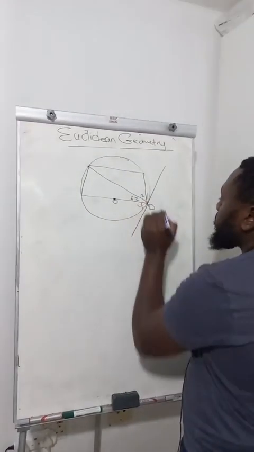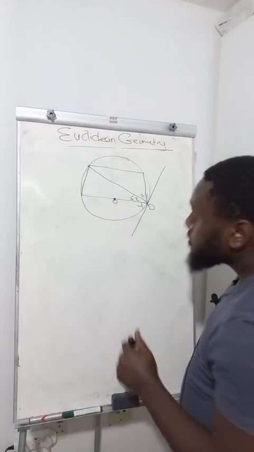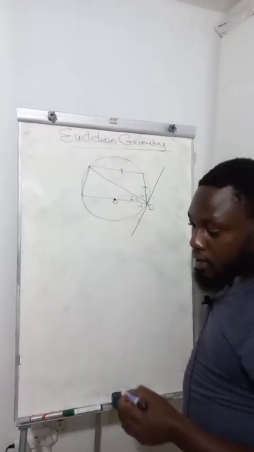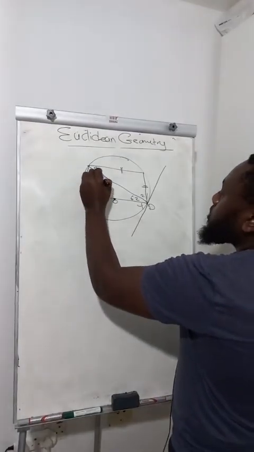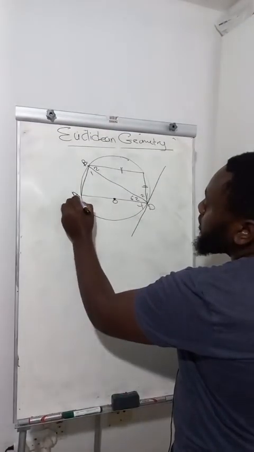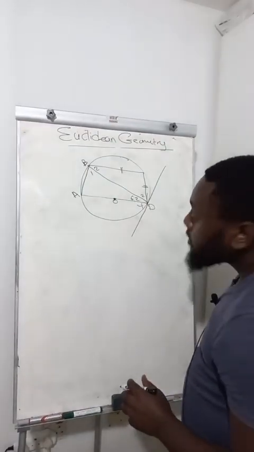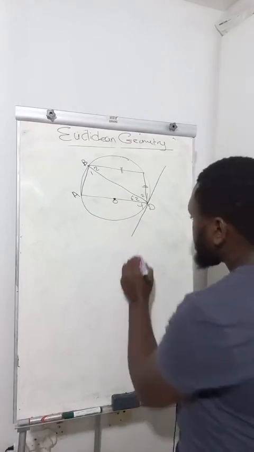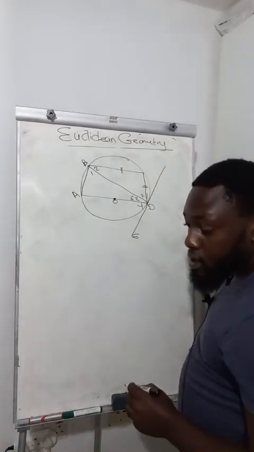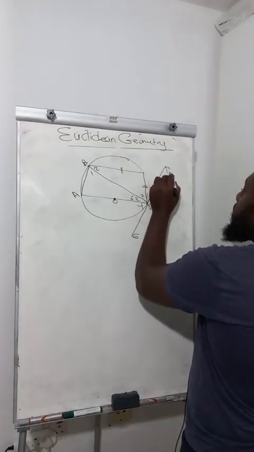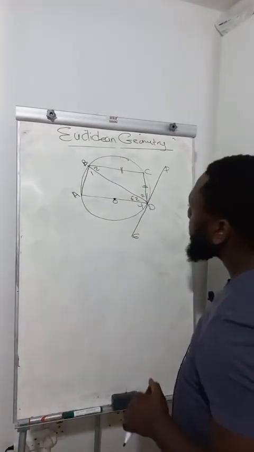Then this is 1 here. This is 1, this is 2, this is B. This is A. And then B1, B2. This is E, and then this is D. And then this is F, and then this is C.